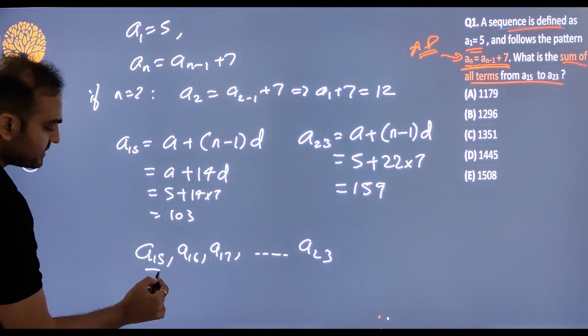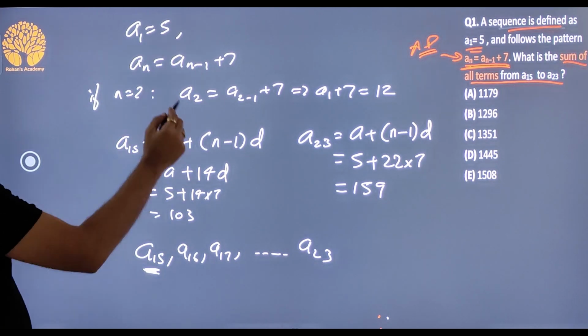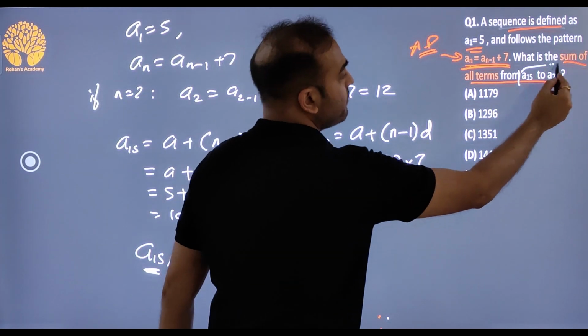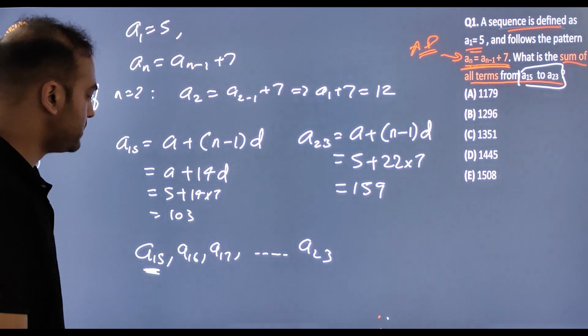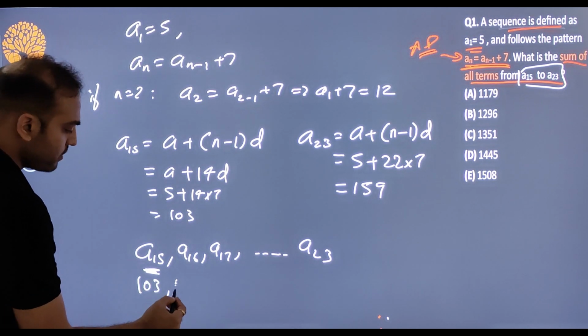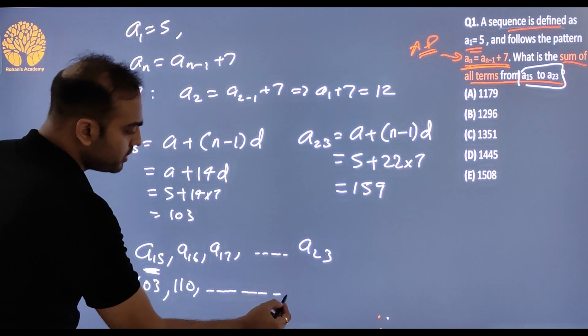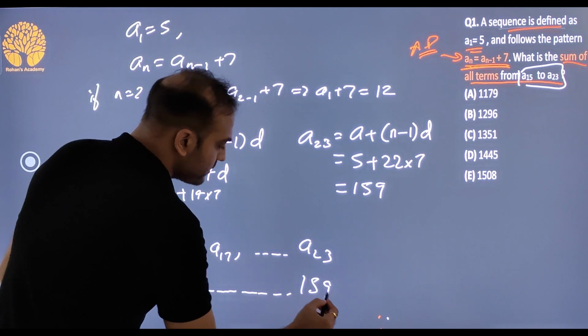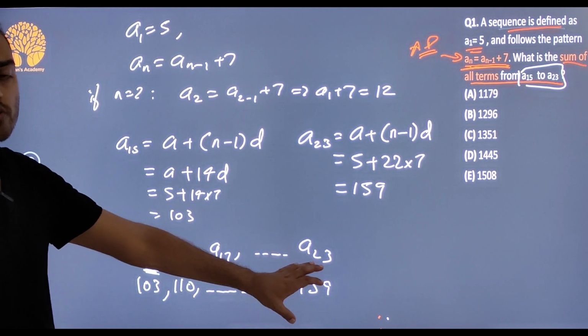So the first term of that series is A15, not 5, because they are asking from A15 to A23. So A15 is 103, 110, and so on till 159, and these are 9 terms in total.